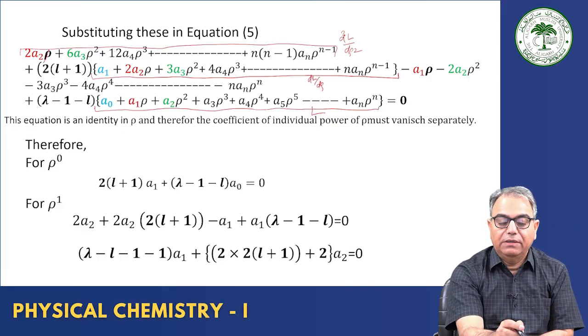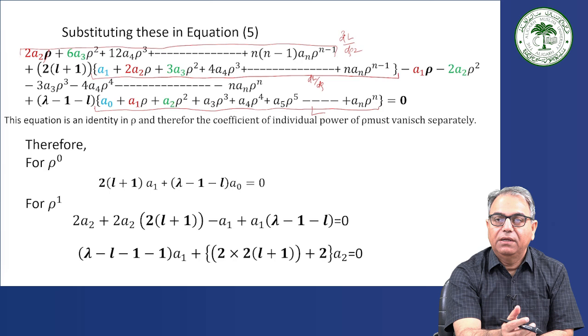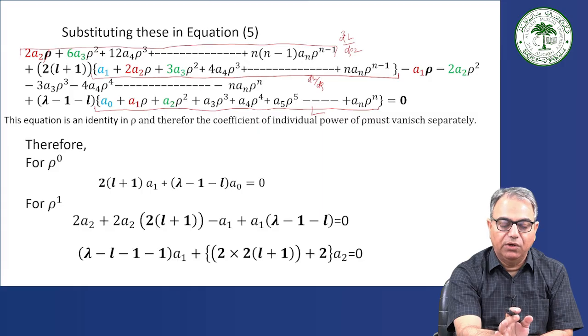Now it is equation number 5 with L value written in power series. And now for this to be valid, what you need is to separate the coefficients of each power of rho and equate them to 0, which we have done earlier also.